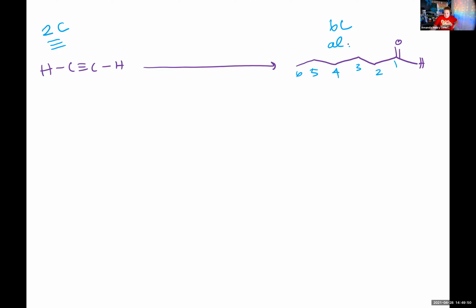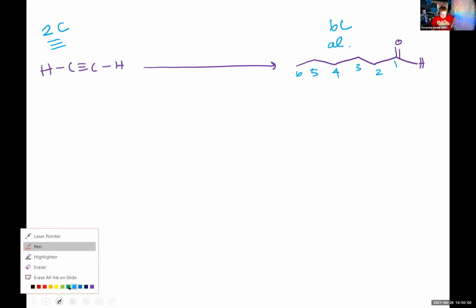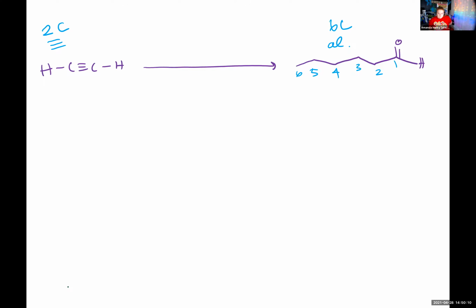How can we change our 2-carbon chain into a 6-carbon chain? Yeah, reaction number 9. So reaction number 9, our alkylation reaction.